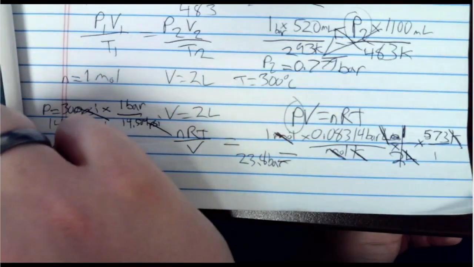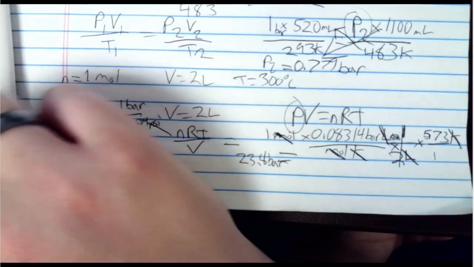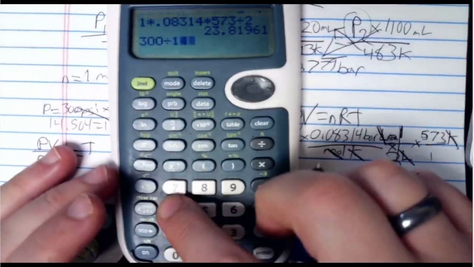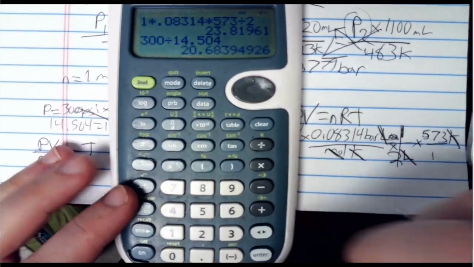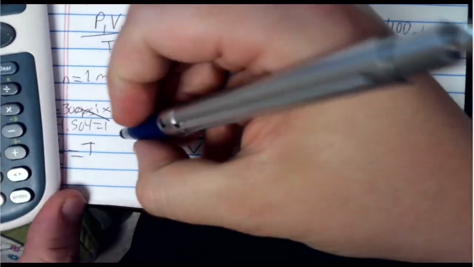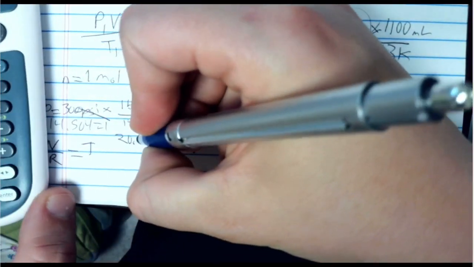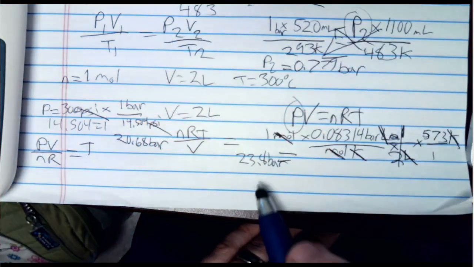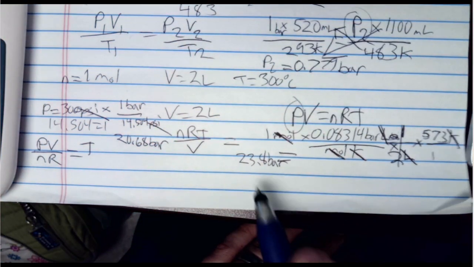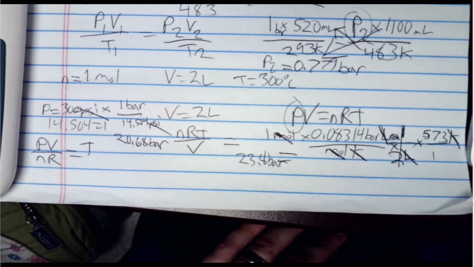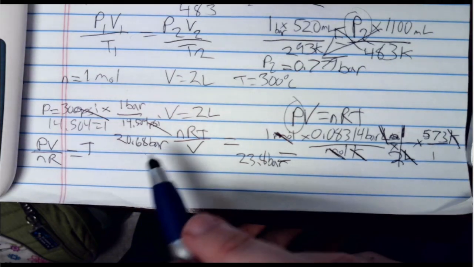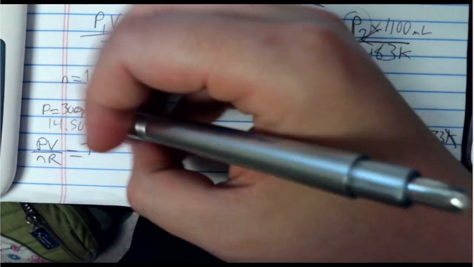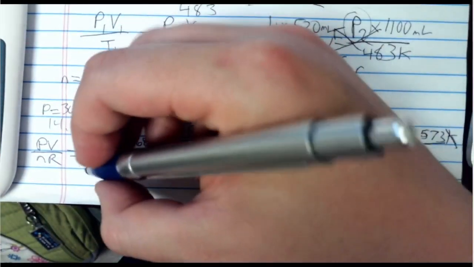So 300 divided by 14.504 is 20.68. Okay, this is rated for 20.68 bar. We heated to 23.8. Not good. Probably going to pop. So we have to figure out what temperature it would pop at.